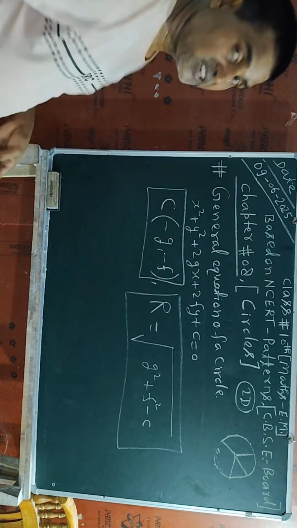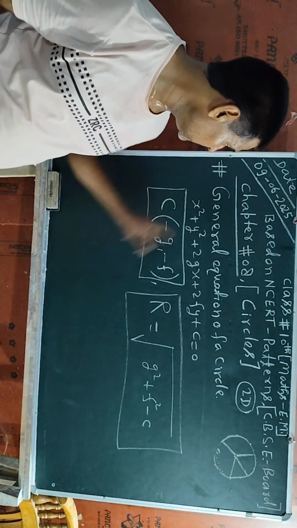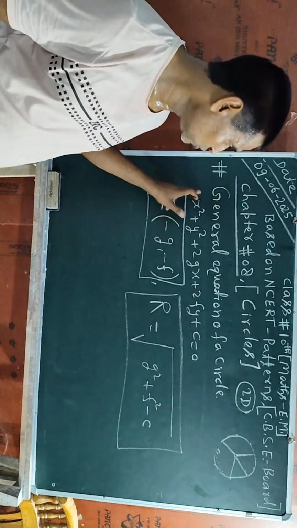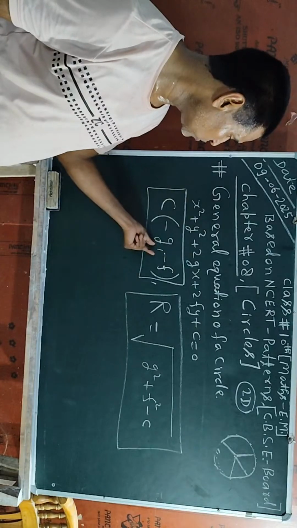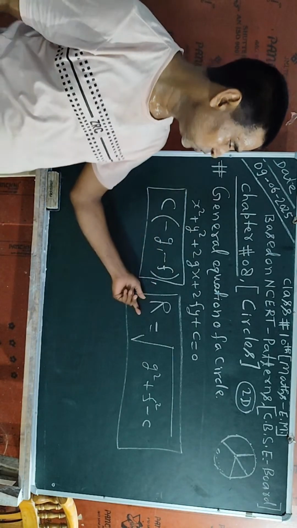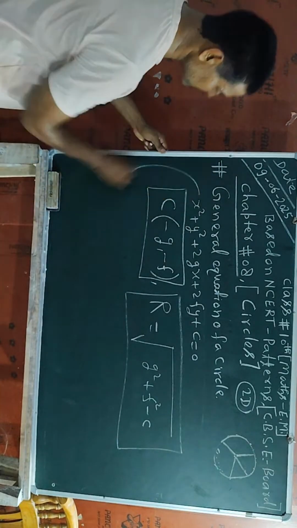This is the required information, and you have to note it down and explain it. Because if you get any equation given in this form, you have to arrange it, and after arranging you have to find the value of g, f and c, and then the value of r. Now I am going to arrange this equation in another form.